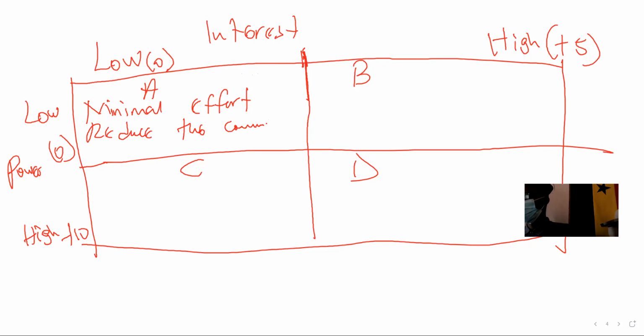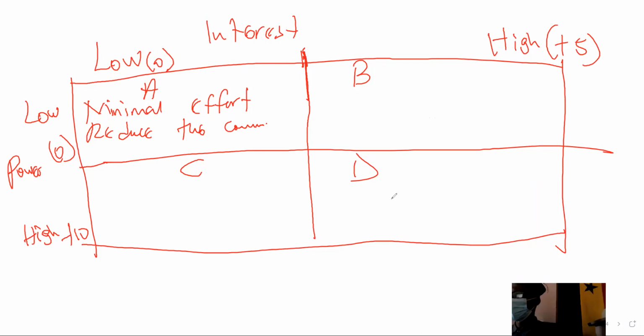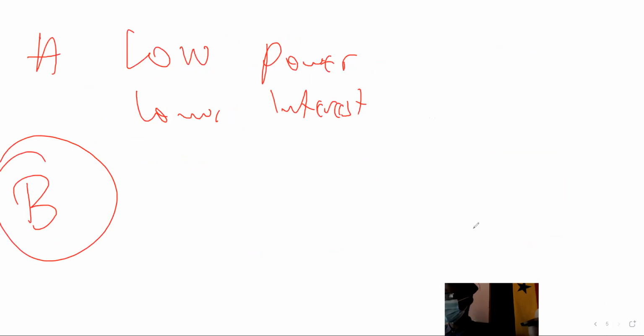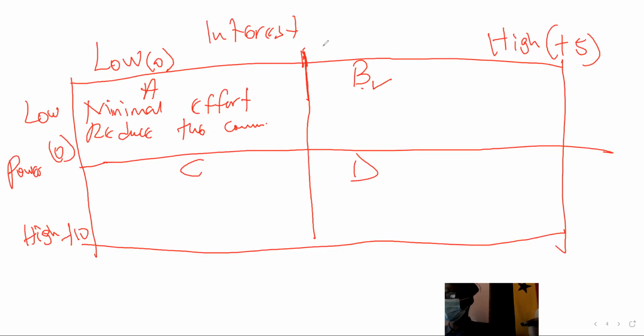Again, Mendelow also argued that we move to the right side over here. Let's just assume that I'm moving slowly to this side. So quadrant B, what are the features of B? Interest is high.